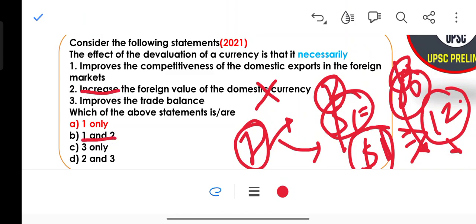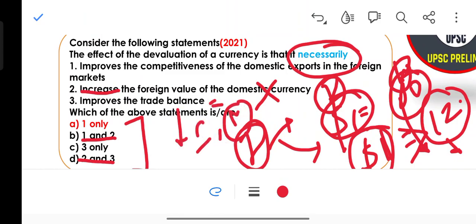So if we cancel statement 2, then we have only two options left. And remember, the question is talking about necessarily. So when we talk about the third statement, improves the trade balance, it may be there, it may not be there, because the currency may be devalued with respect to the dollar, but maybe with respect to another currency our currency value increases.